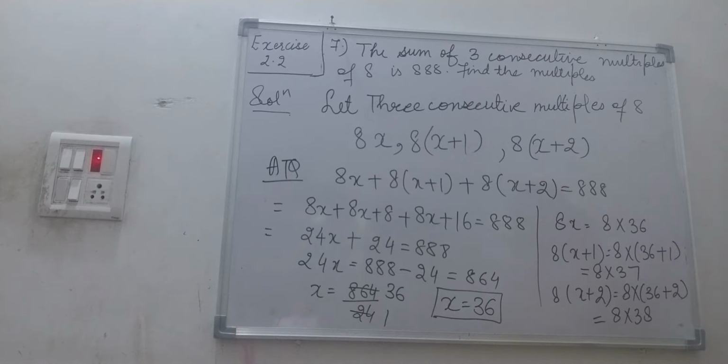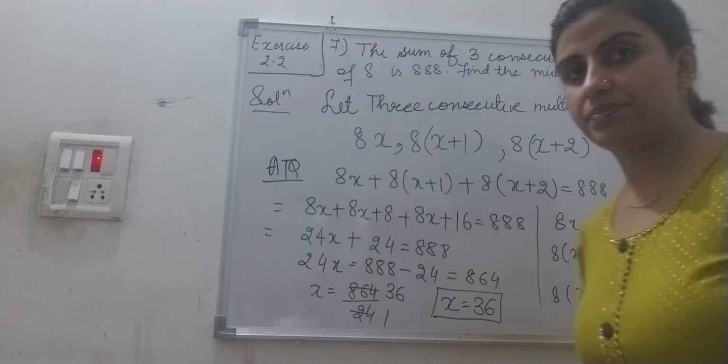What answer will you get? When I multiply, it gives me 288. Next one, 296. The third one, 304. So the multiples are these 3. Hope it is clear.